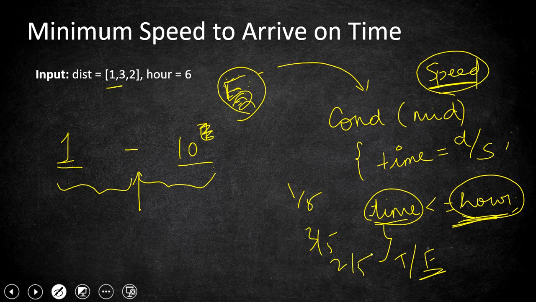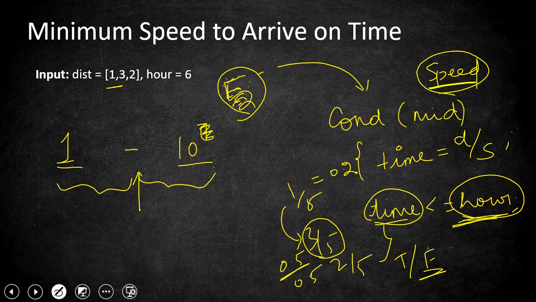Here one thing to note is that in the problem statement they have mentioned that if we have reached the other station in 0.5 hours, then the next train will not start until the next integer number. That is, we have to wait for one more 0.5 hour in order to start our second train journey. So first, 1 by 5 is going to be 0.2.